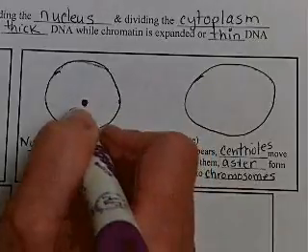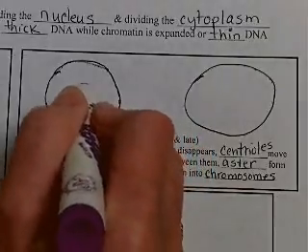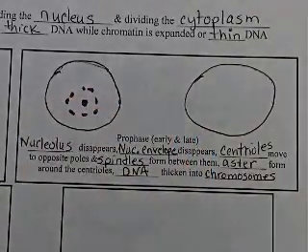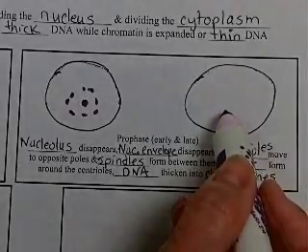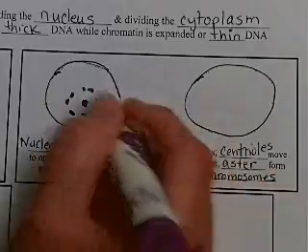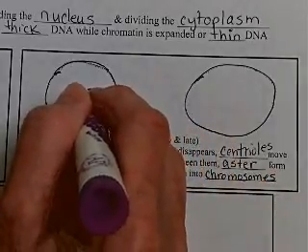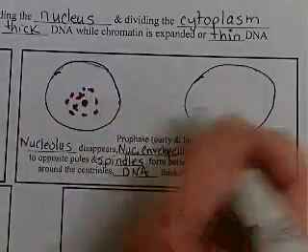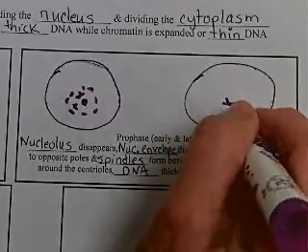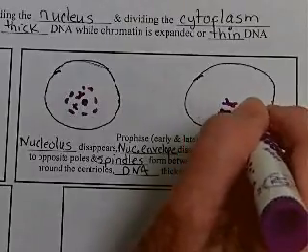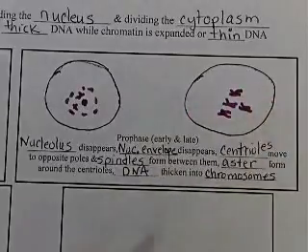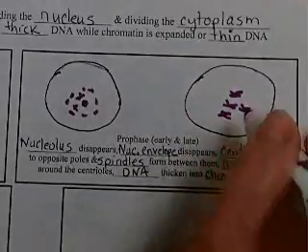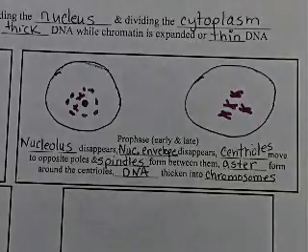It says that the nuclear envelope starts to disappear, so I'm drawing it just fragmented there, and I'm not going to draw it at all over here. What else does it say? It says that the DNA starts to thicken. So by the time we get to the end of prophase, we have a lot of thick DNA chromosomes, but they're not really organized at all. I just drew 4 pairs, but remember in a human you have 23 pairs.